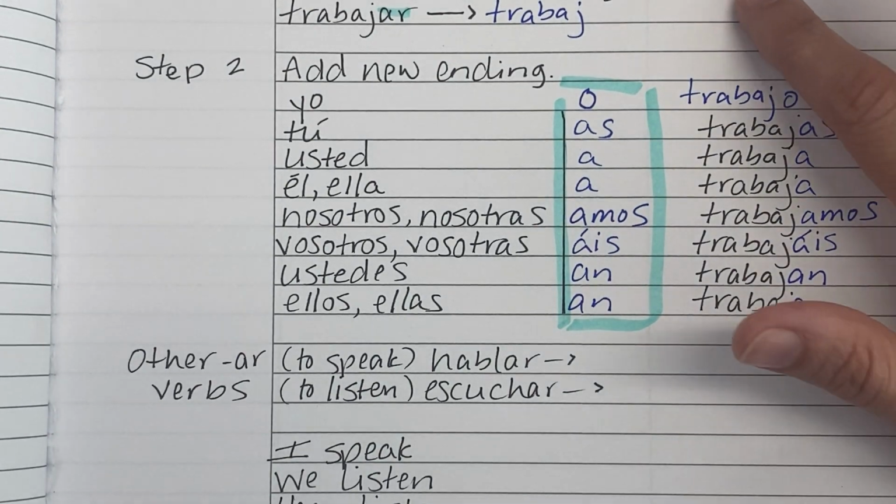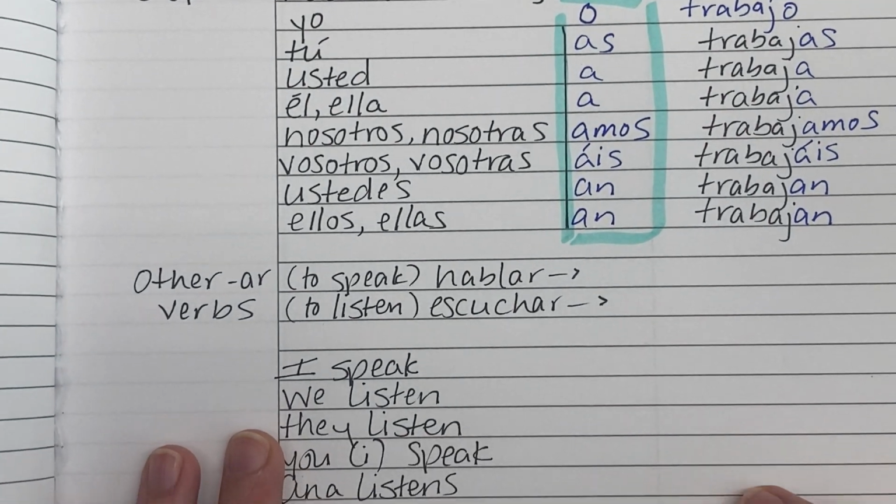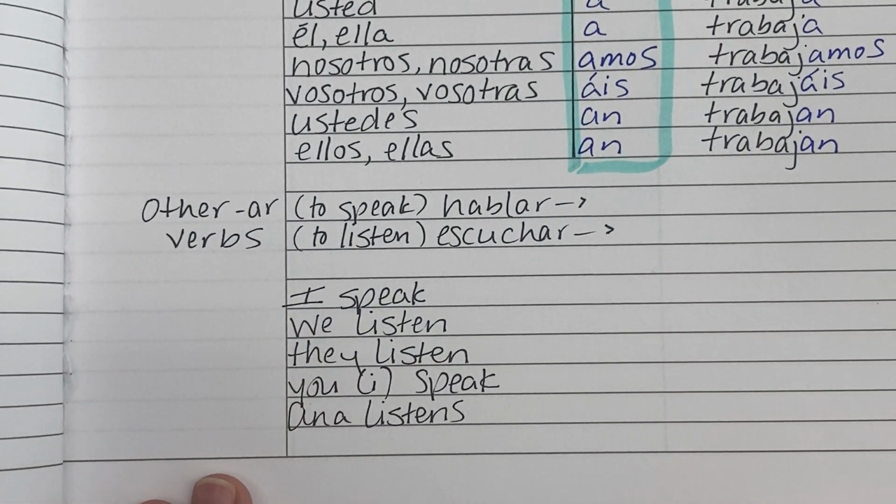Okay, so there we have all of the conjugated forms of the verb trabajar, to work. Yo trabajo, tú trabajas, usted trabaja, él o ella trabaja, nosotros o nosotras trabajamos, vosotros o vosotras trabajáis, ustedes trabajan, ellos o ellas trabajan.